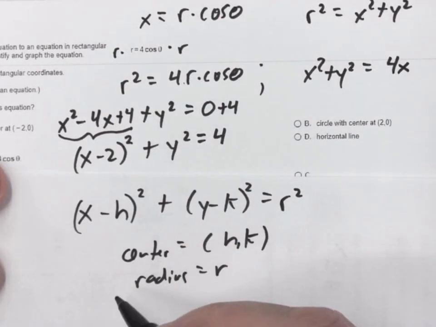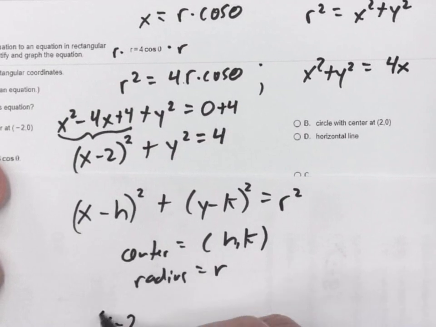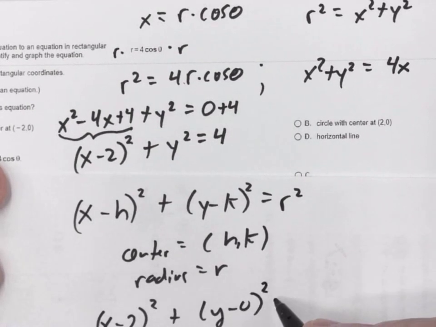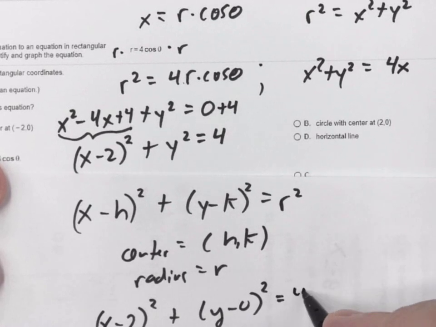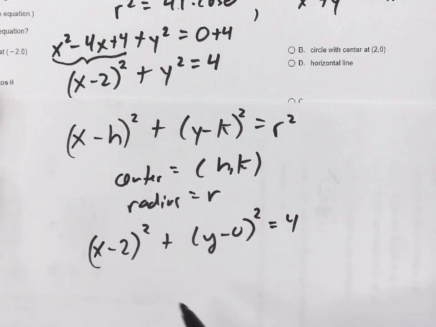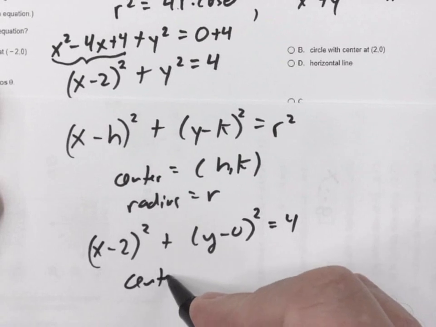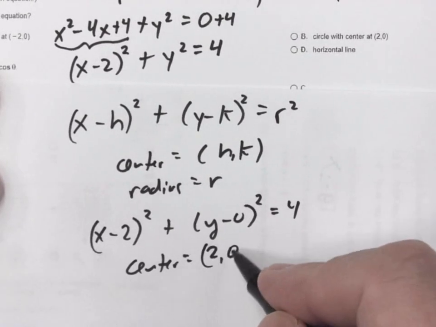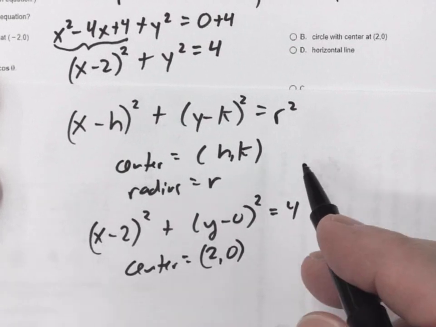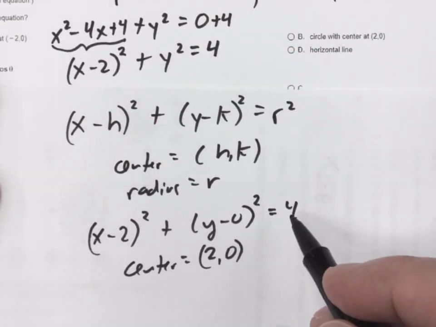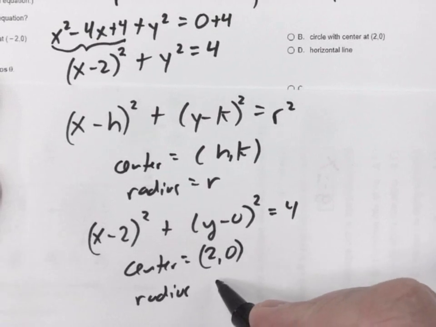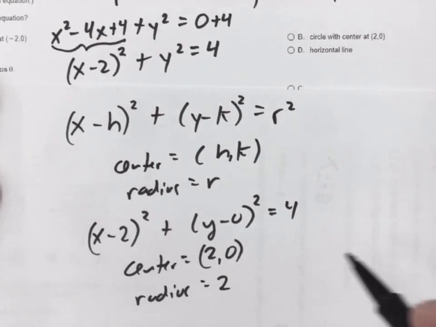I mean, we could think of that equation as x minus 2 squared plus y minus 0 squared equals 4. So the center is going to be (2, 0). 4 is the radius squared, so the square root of 4 is 2. So the radius equals 2.